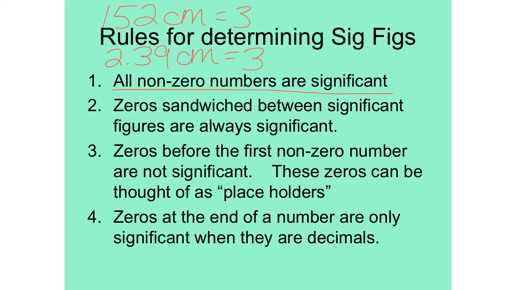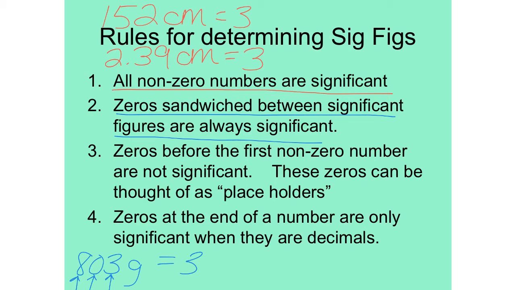All right, next rule, zeros sandwiched between significant figures are always significant. What I mean by that is, let's say we have 803 grams. That would be 3 significant figures. The 8 counts because it's not a 0. The 3 counts because it's not a 0, and that 0 got sandwiched in between them, so that is also going to count. Now you could have 1,006 kilograms.